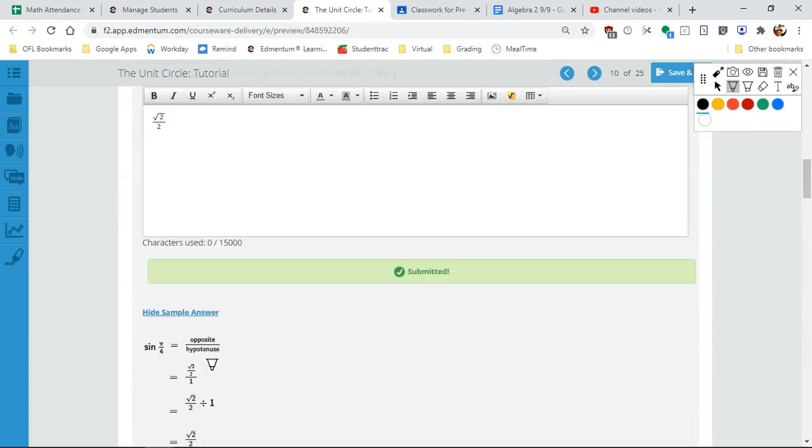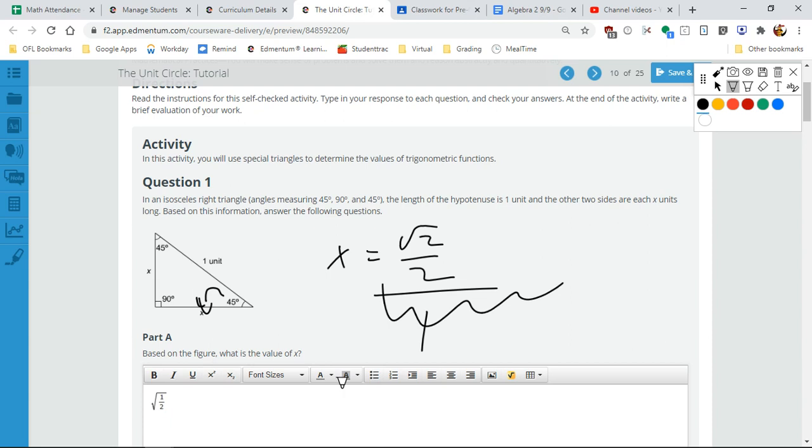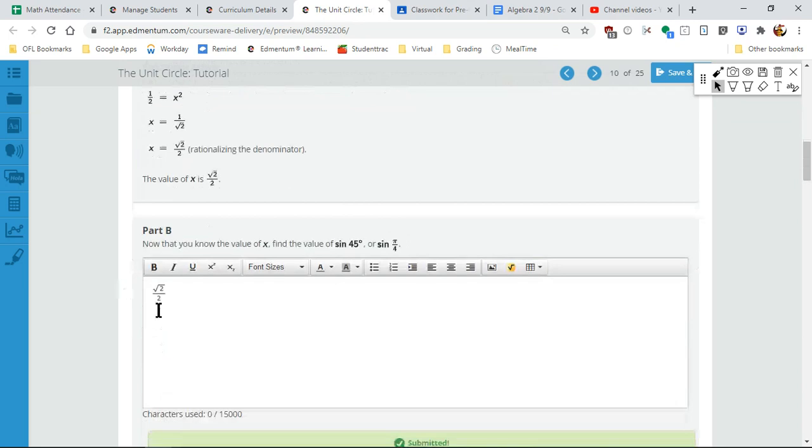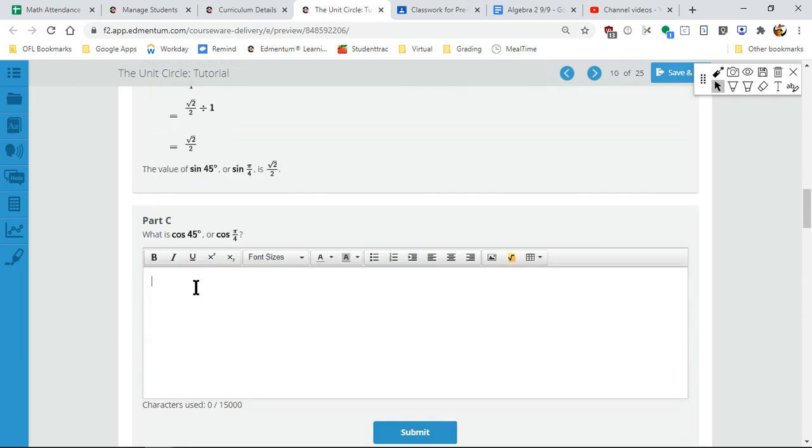What's the cosine? Well, the cosine is our adjacent, which is also x. And since we said x is square root of 2 over 2, even if we do it over 1, that's still square root of 2 over 2. So 45 is one that's really interesting because it's the same thing. And because I'm lazy, I'm just going to copy this here, and I'm good.